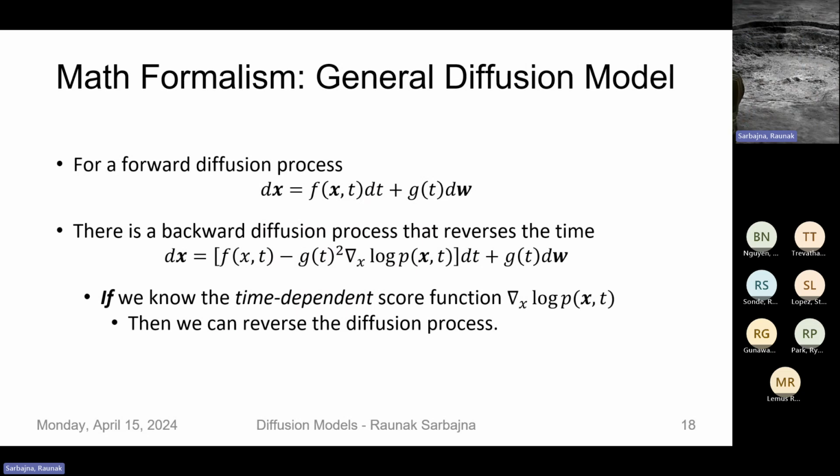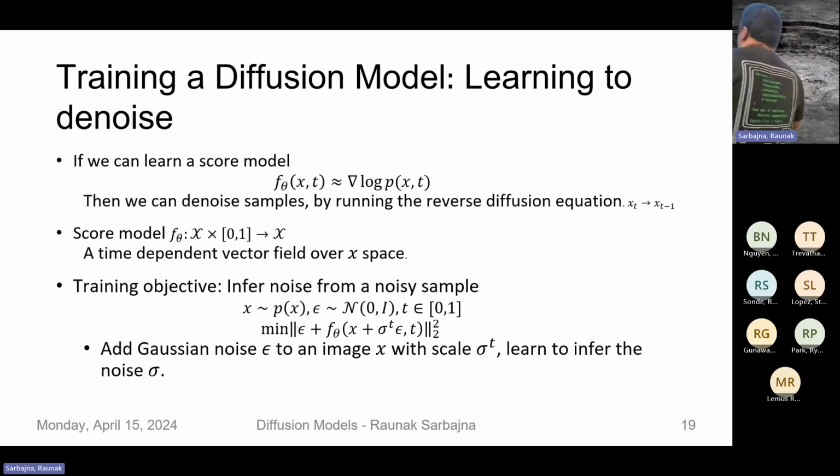If this function is stable and solvable, then we can reverse the diffusion process. And to create a stable and solvable time-dependent score function, that's why you use Gaussian noise, right? If we can learn that score model that we talk about, which we can approximate as the gradient of log p of x and t, if it is at all learnable, then that means we can denoise the samples, because we can run the reverse diffusion process where, given xt, we can recreate xt minus 1.